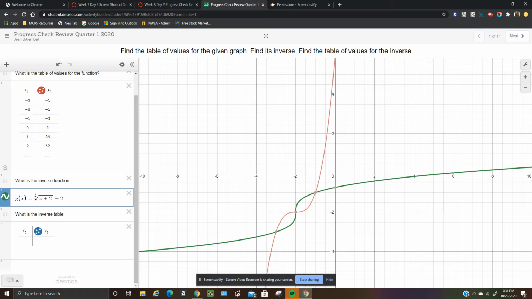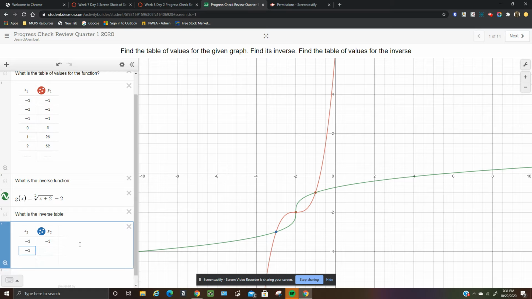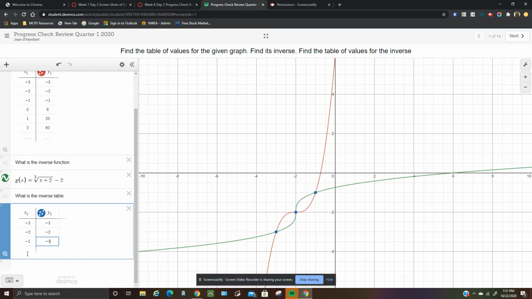And then for the inverse graph, you just want to take this original table and switch the x and y. So -3, 3 is still -3, 3. -2, 2 is still -2, -2. And -1, -1 still remains the same when I swap the x and y. And then 6, 0.